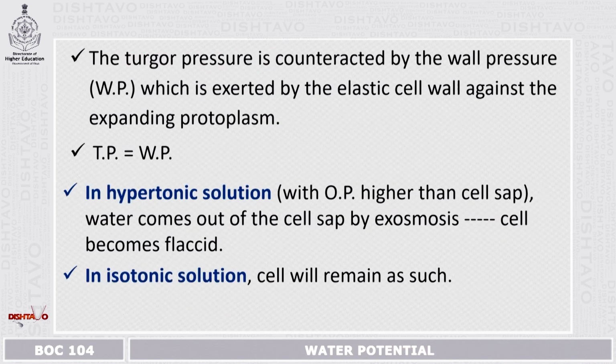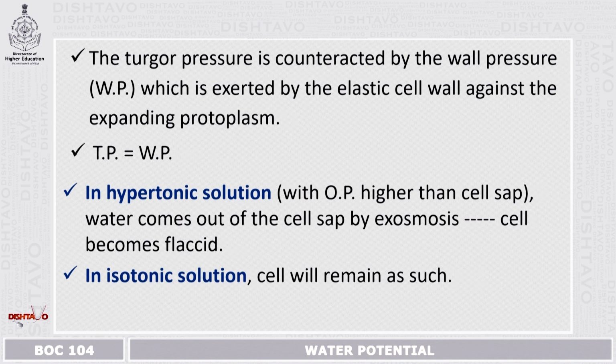The turgor pressure is counteracted by a wall pressure, which is exerted by the elastic cell wall against the expanding protoplasm. So the turgor pressure is equal to the wall pressure, which is directed on the inner side.